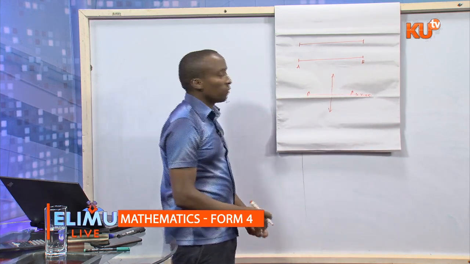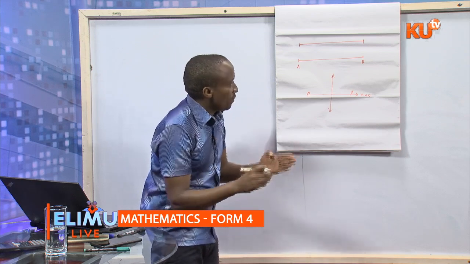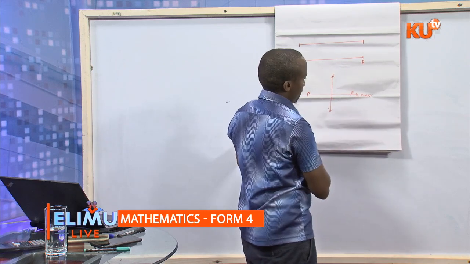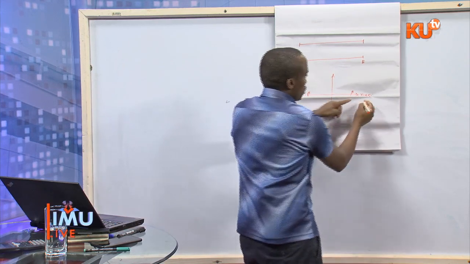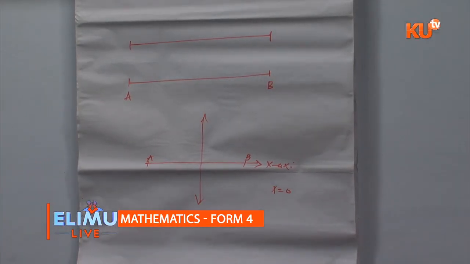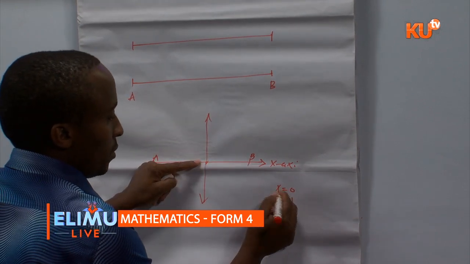And I said the definition of the gradient is the steepness of the slope of a given area. This line is just a straight line, where x is equal to 0, and we know this point, and y is equal to 0.